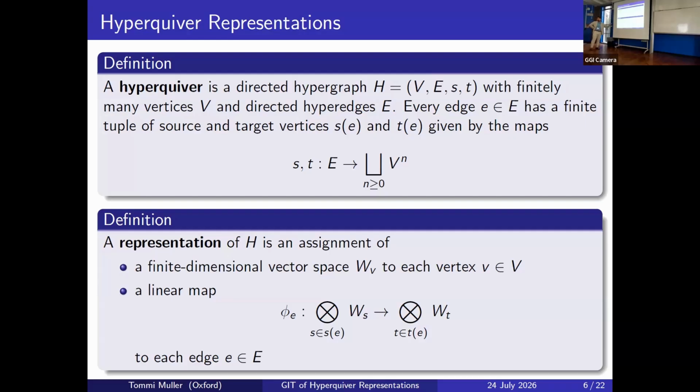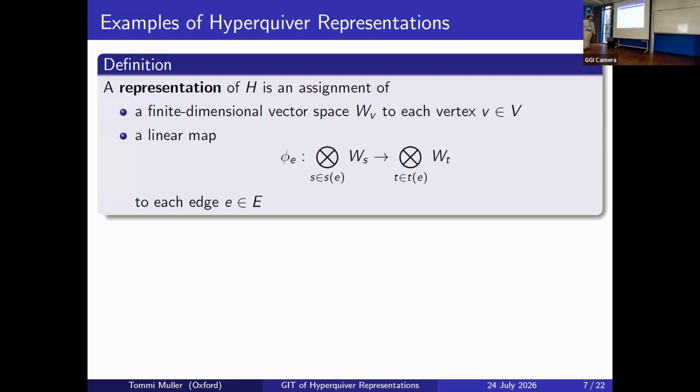For every vertex V, you place a finite-dimensional vector space W_V, and on each edge you put a linear map from the tensor product of the spaces on the source vertices to the tensor product of the spaces on the target vertices. So generalized quiver representations are just the case when every edge has exactly one incoming and one outgoing vertex.